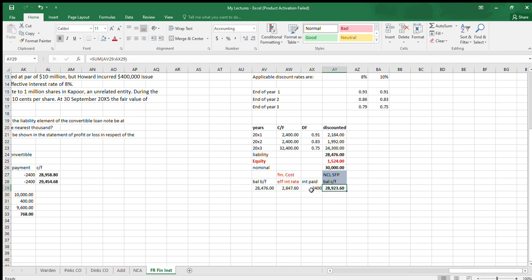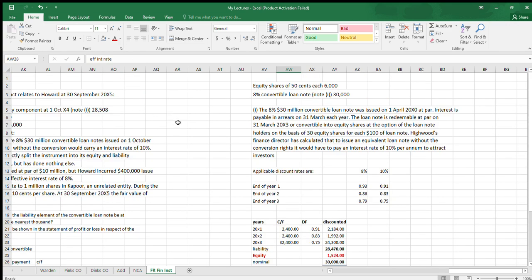But since it's a 1 year thing, this will be your non-current liability in the statement of financial position, and this will be your finance cost in your profit and loss. That's all you need to know about financial instruments.